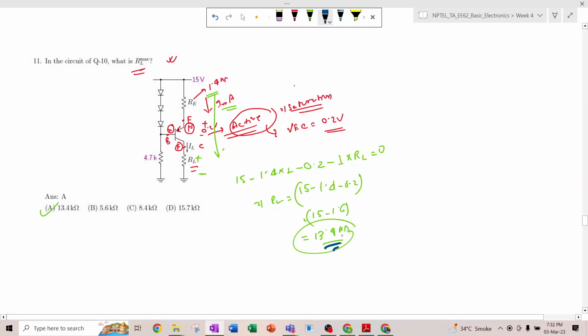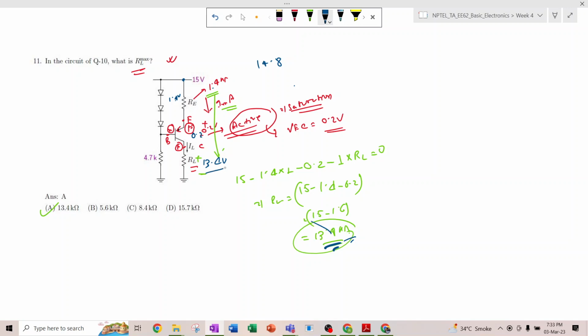It is 1 milliampere, so 13.4 volt drop is there, and here it is 1.4 volt drop. So 13.4 volt plus 1.4 volt is 14.8 volt. So the rest, 0.2 volt, appears over here.